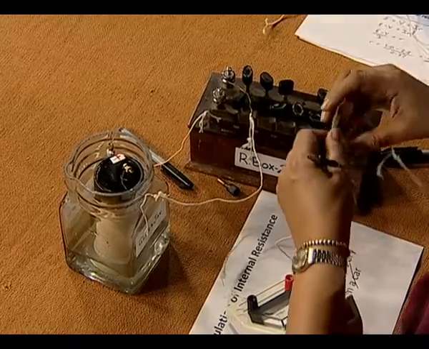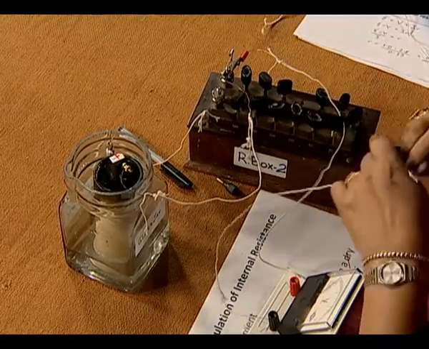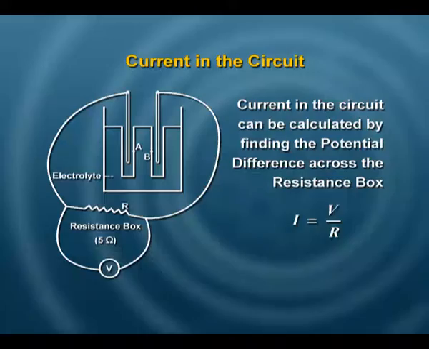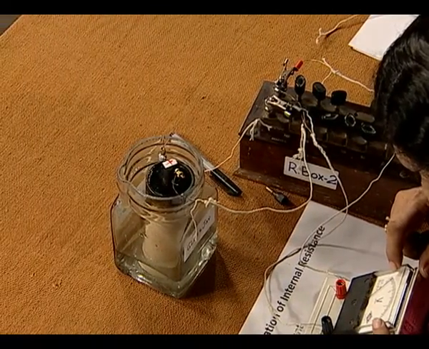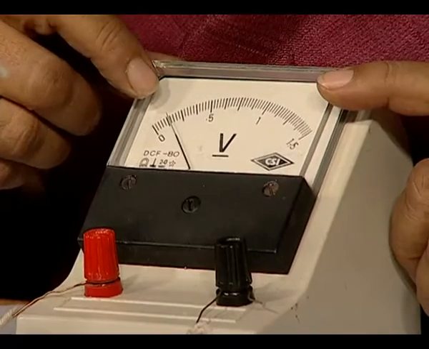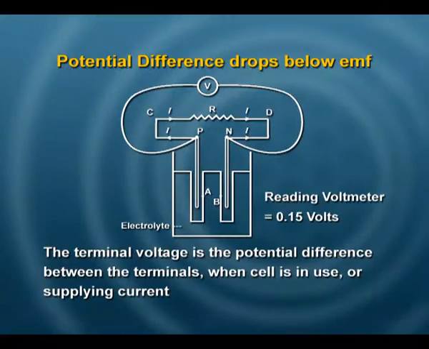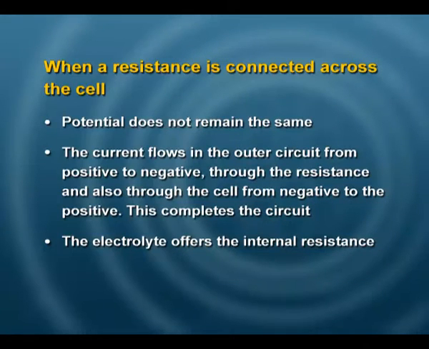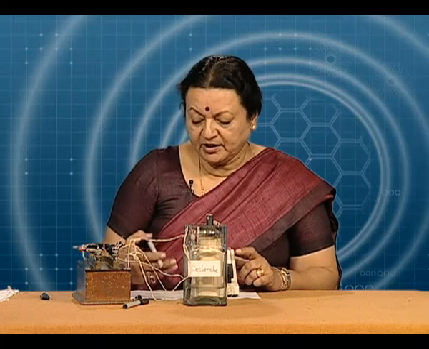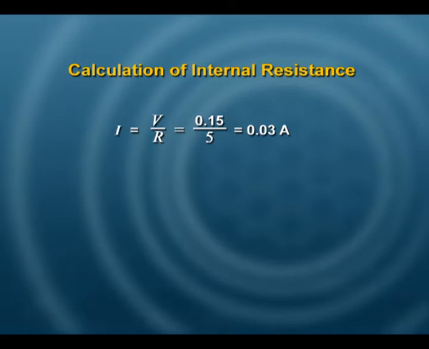Let us attach it here, and I have 5 ohms there, and the potential difference here is 0.15 volt. So, the current would be V upon R, which will be 0.15 divided by 5. This value of current will be 0.03 amperes.